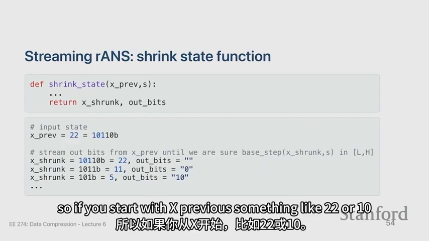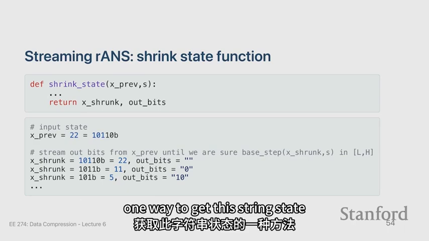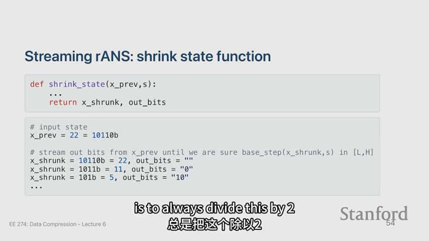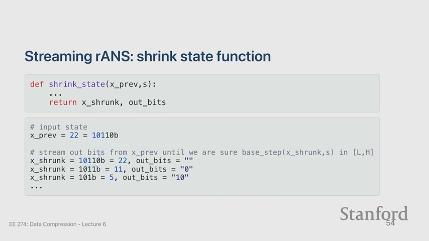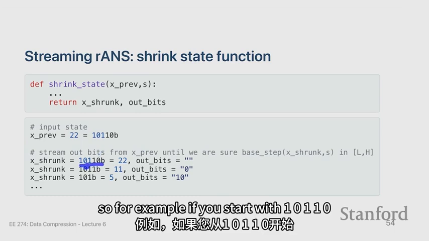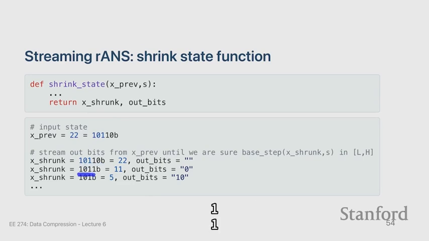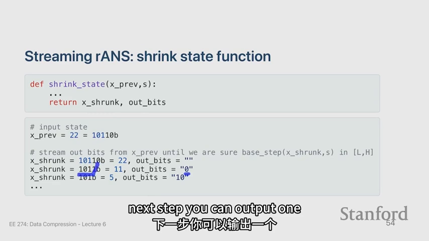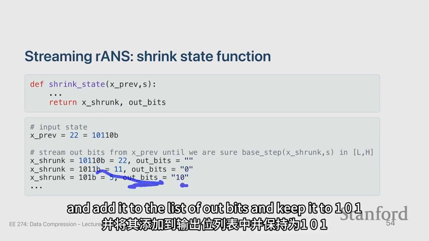So if you start with x previous, something like 22 or 10110b, one way to get this shrink state is to always divide this by 2 and output the last bit. For example, if you start with 10110, at first step, you get 1011, and then you output the last bit 0. Next step, you can output 1. You take out 1 and add it to the list of out bits and keep 101.